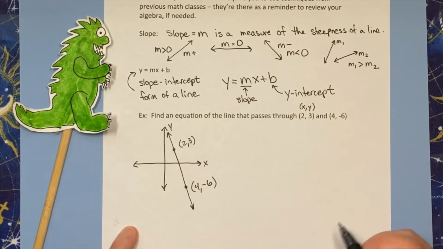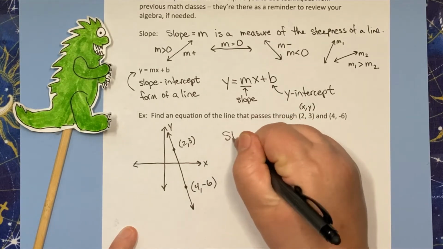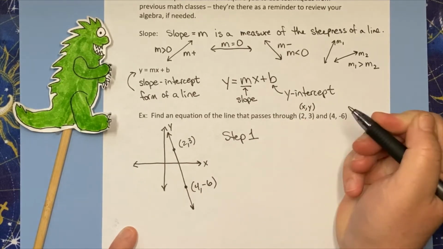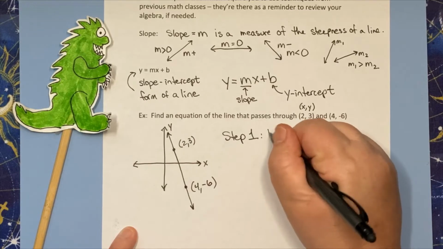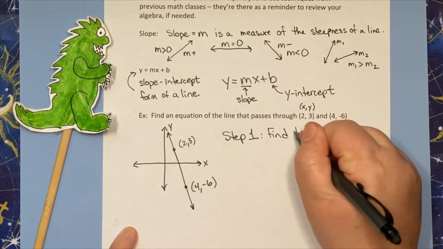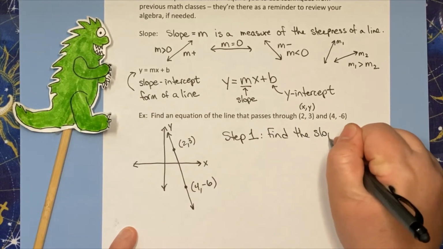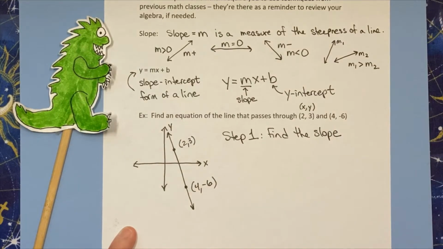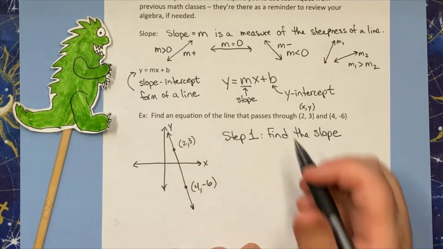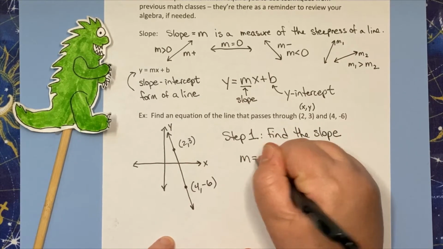This is what I would recommend. Almost always, whenever you're dealing with lines, find the slope. If you're not given the slope, or the slope isn't otherwise obvious, find it. Now, how do we do that? Well, we've got a formula for the slope.